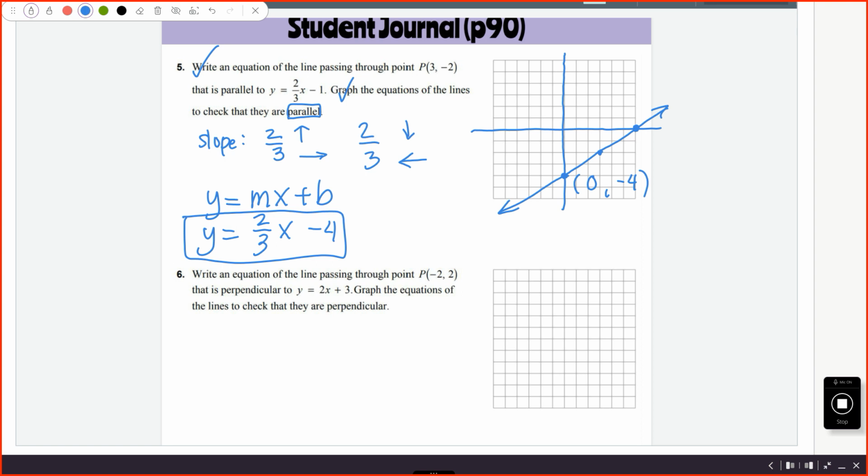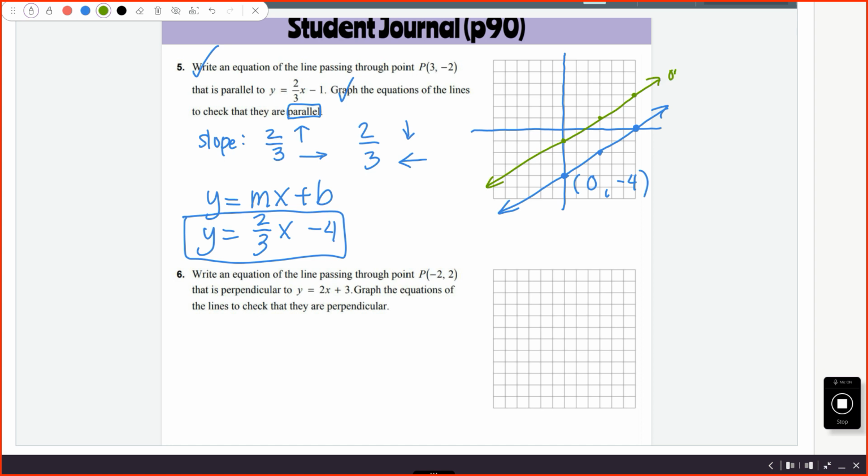Oh, it said graph the equations of the lines to check that they're parallel. Okay, let's graph the other line. So, negative 1, and then 1, 2, 1, 2, 3. Then 1, 2, 1, 2. Do they look like they're parallel? I think so.